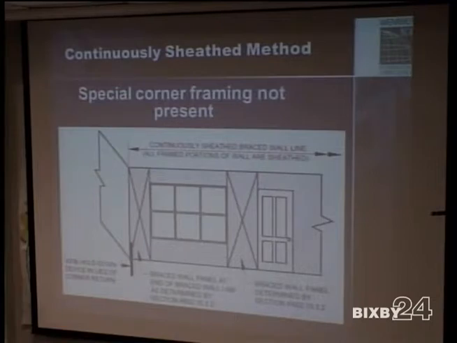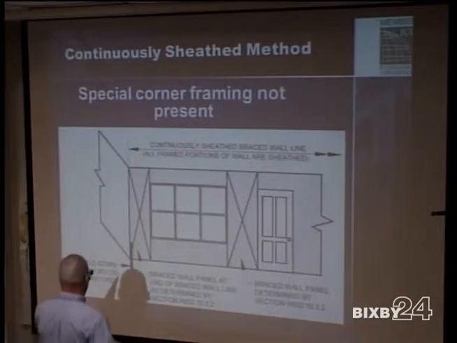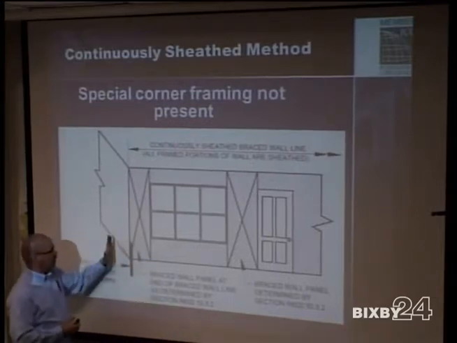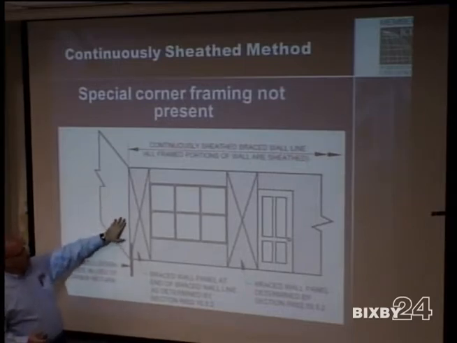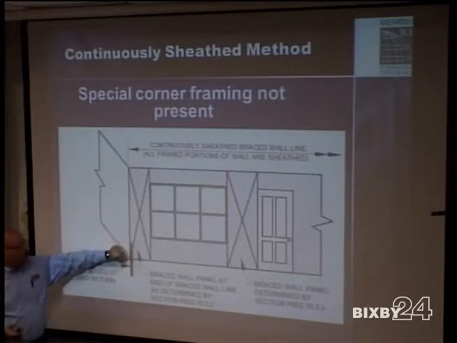Okay, so your special corner framing is not present. So you have 24 inches here, but you don't here. What it said earlier was that each one of these is acting to help the other one resist those forces, like a hold down holding that one into place.